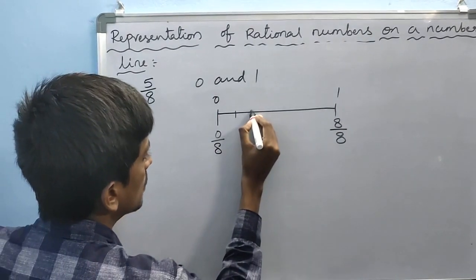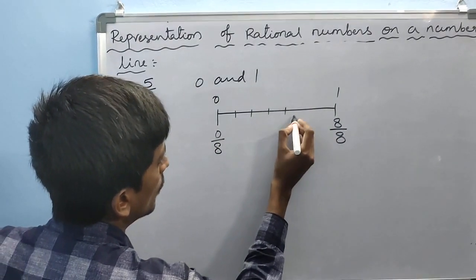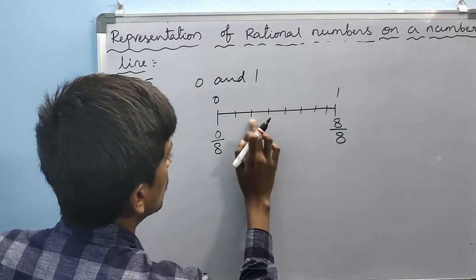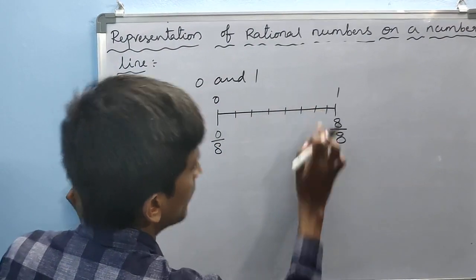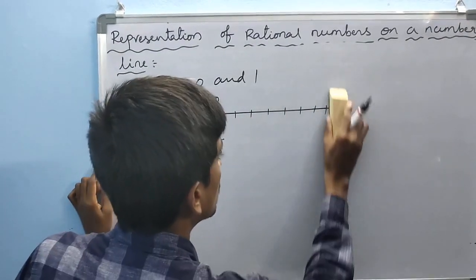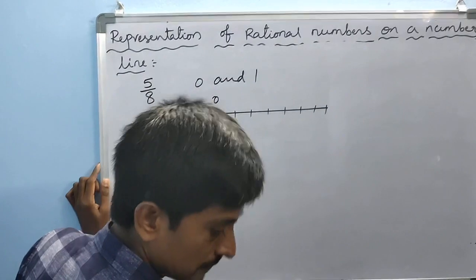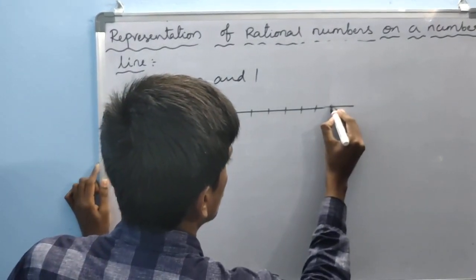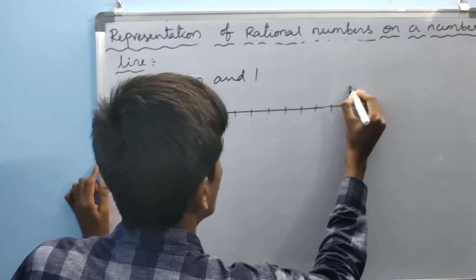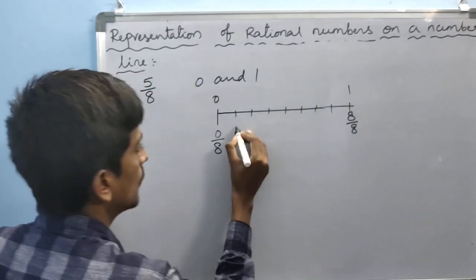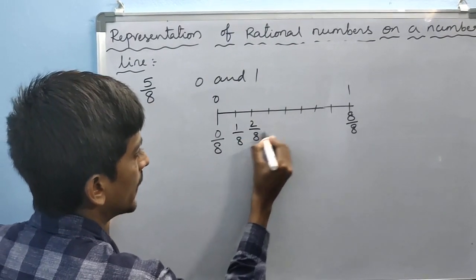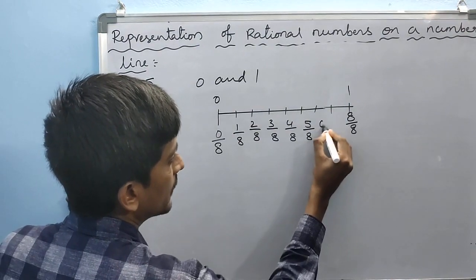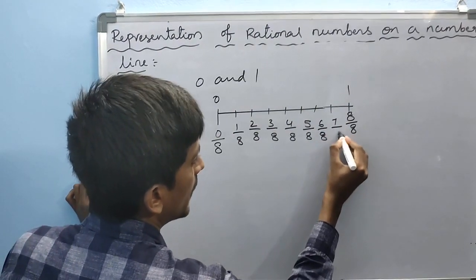So 1, 2, 3, 4, 5, 6, 7, 8. 1 by 8, 2 by 8, 3 by 8, 4 by 8, 5 by 8, 6 by 8, 7 by 8 and 8 by 8.